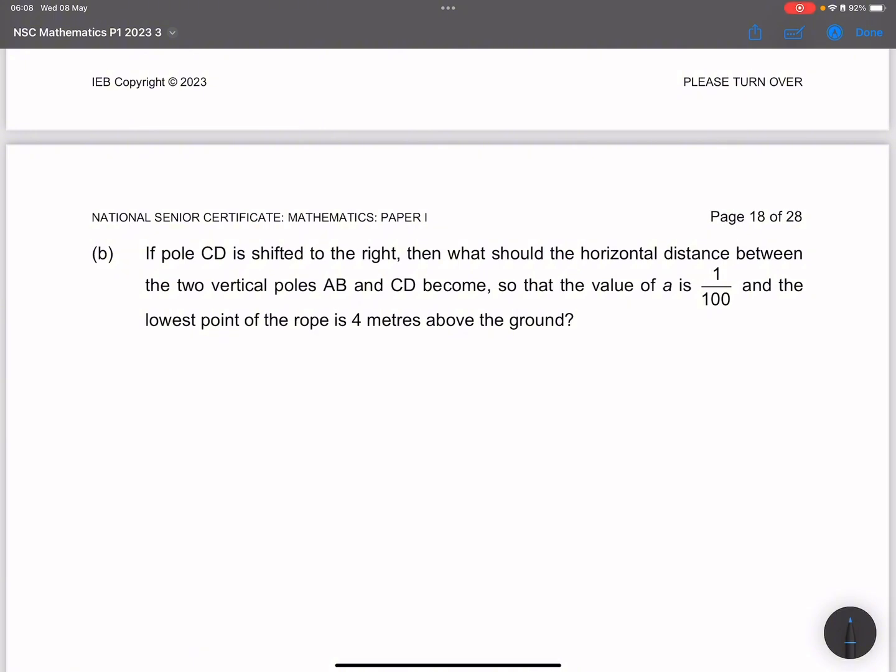Shoo, okay, so now they said our a value must be 1 over 100. They said the lowest value must be 4 meters, right?